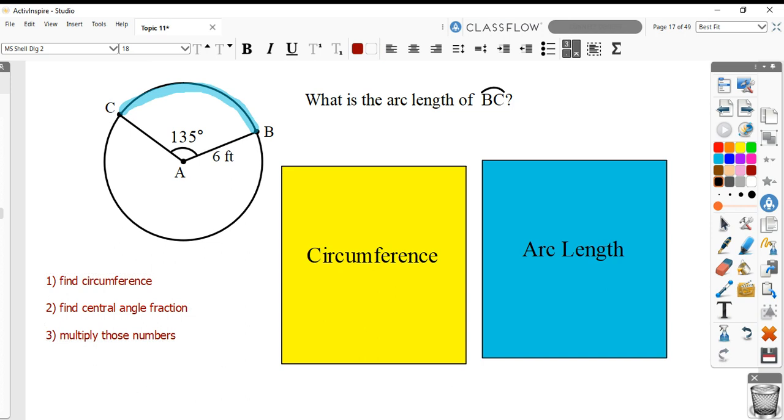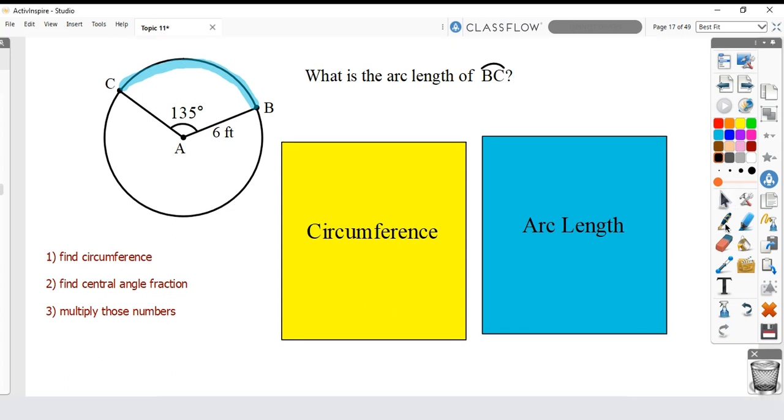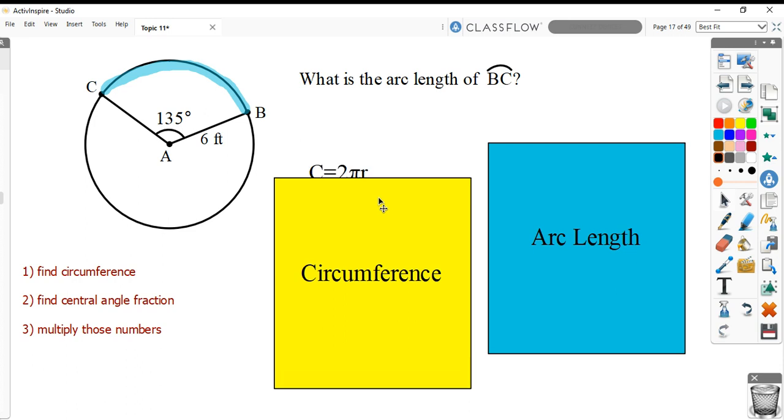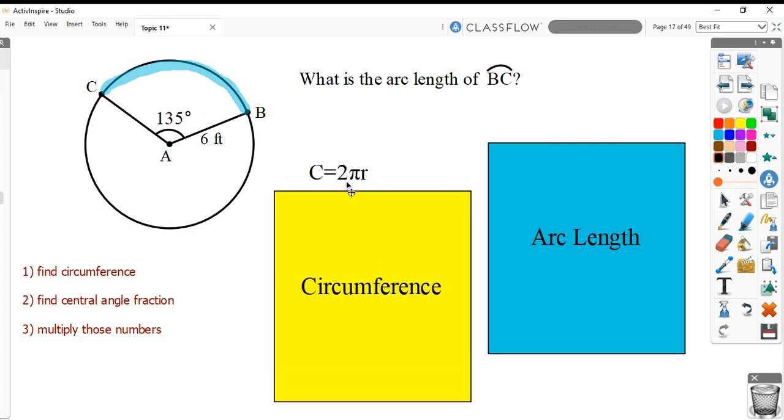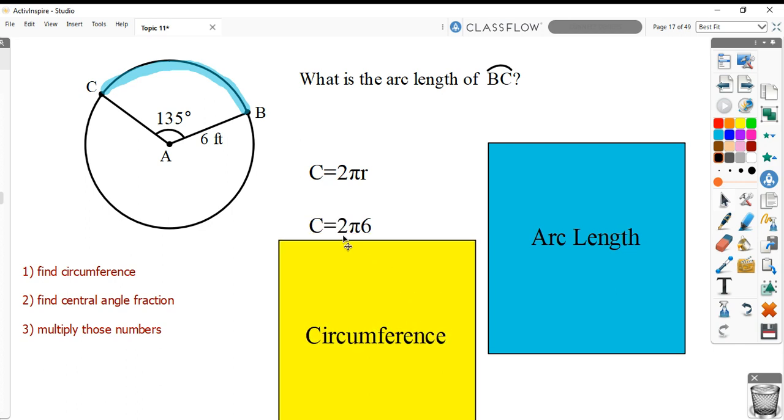Okay, it's a very simple process, and you're going to see as we go along how simple it really can be. This is the third lesson in a row where really all we're doing for these problems is applying the formula. So first we find the circumference. Well, we already know what the circumference is. It's 2 times pi times r, and we know what r is. R is 6. So if we're multiplying all that, it's 2 times pi times 6.